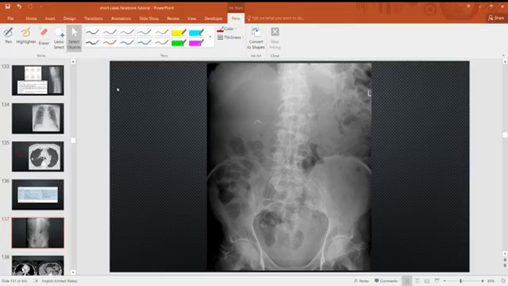As we see here, this is the area of the pancreatic calcification, and we see the calcification in the region of the pancreas. This is a case of chronic pancreatitis, and the patient also has a previous cholecystectomy, and also calcification in the aorta and the iliac vessels.